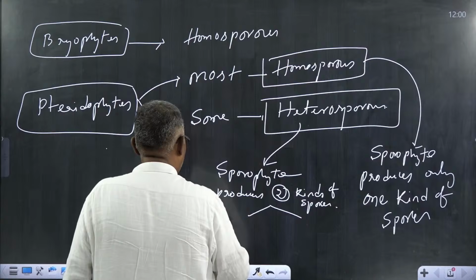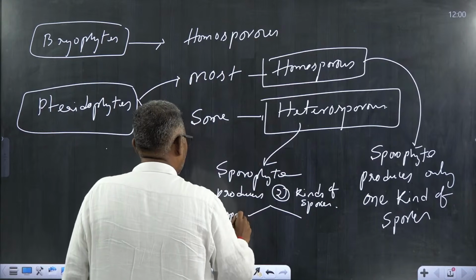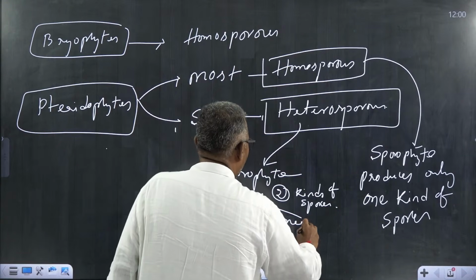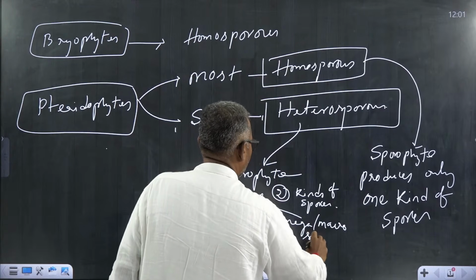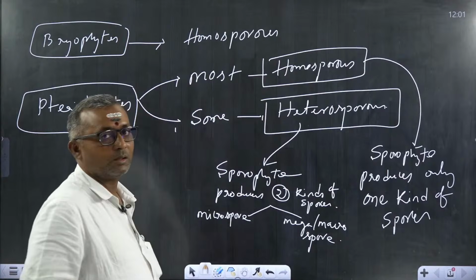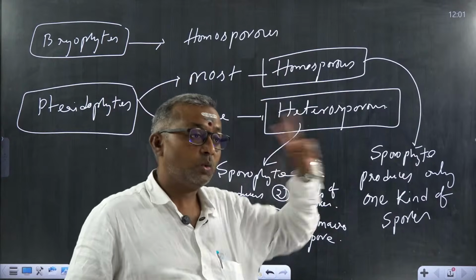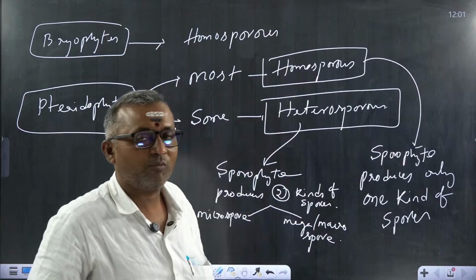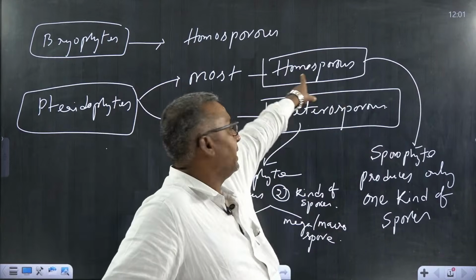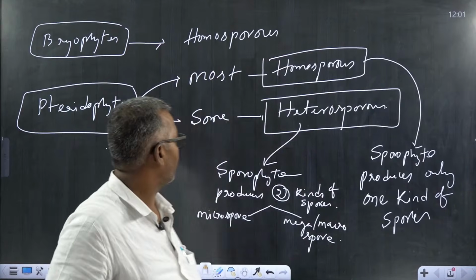One is the microspore and the other is the mega or macrospore. Remember, the sporophyte produces two kinds of spores. That is why they are heterosporous. If the sporophyte produces only one kind of spore, then it is called homosporous.